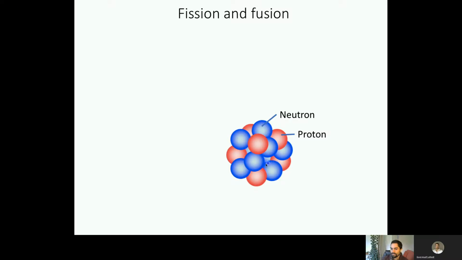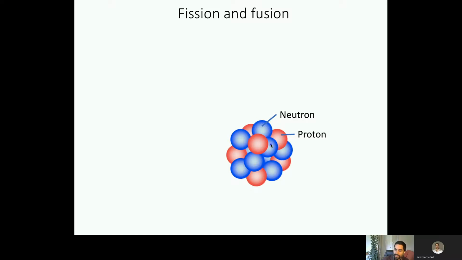So I have here a very simple representation of a nucleus. A nucleus is made of protons, which are positively charged particles. And if we have only protons, they won't be able to stick together because they're repulsing one another. So nuclei have neutrons. And the neutrons are not charged.